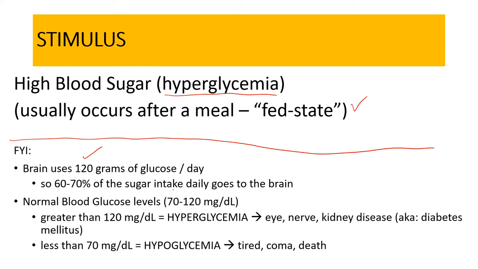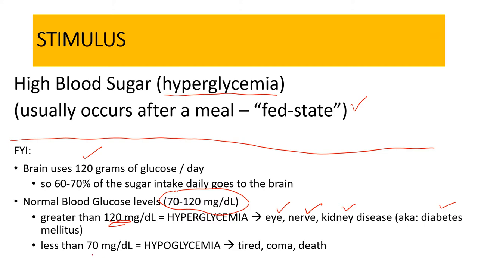You need about 120 grams of glucose per day for the brain. Normal blood glucose levels, in case you were interested, is about 70 to 120 milligrams of sugar per deciliter of blood. So anything higher than 120 is termed hyperglycemia, and a chronic condition of hyperglycemia can lead to eye disease, nerve disease, kidney disease, and you sum all those up together and you get diabetes mellitus, which is what we're going to talk about a little bit later.